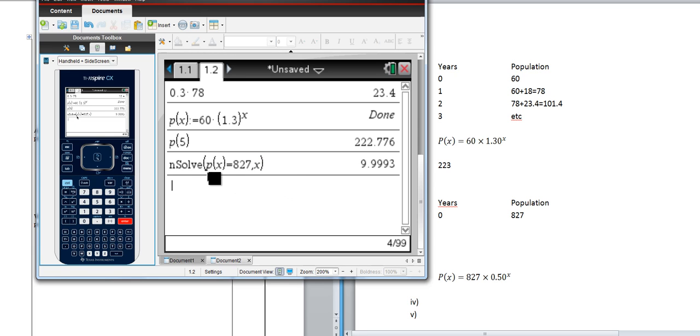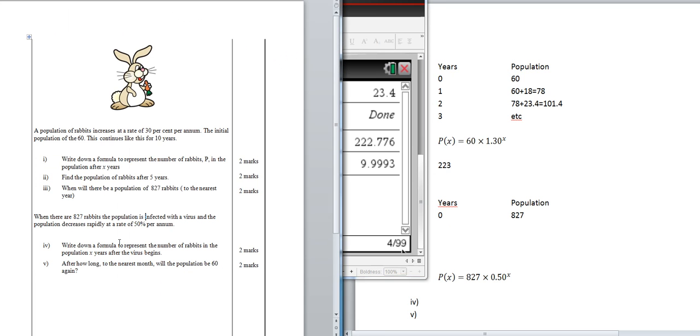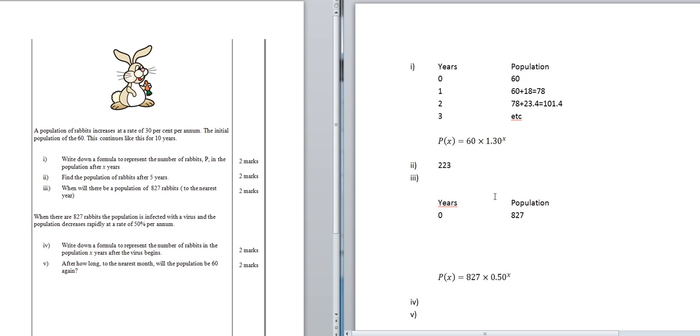So when the x is basically 10, so after 10 years we'll have a population of 827. So question number 3 will be 10 years.